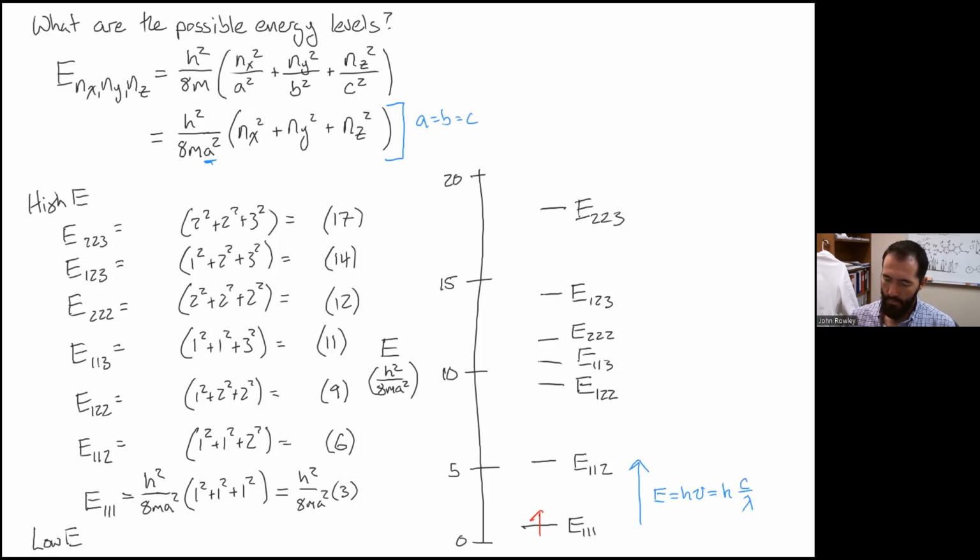If we shine a photon that excites the electron from that ground state to this excited state, we would simply calculate the energy of that photon by the delta E between those two states, just like we would for the one-dimensional particle in the box.